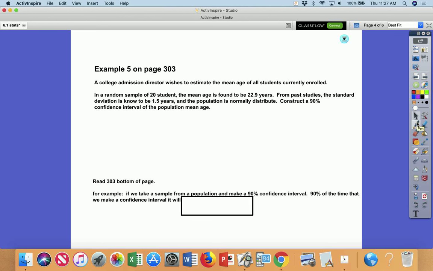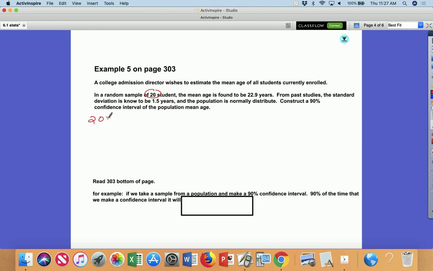Okay? So give me a letter that equals. S. N for sample size, right? Okay. How about this guy here? Well, let me read it again. It is X bar, right?